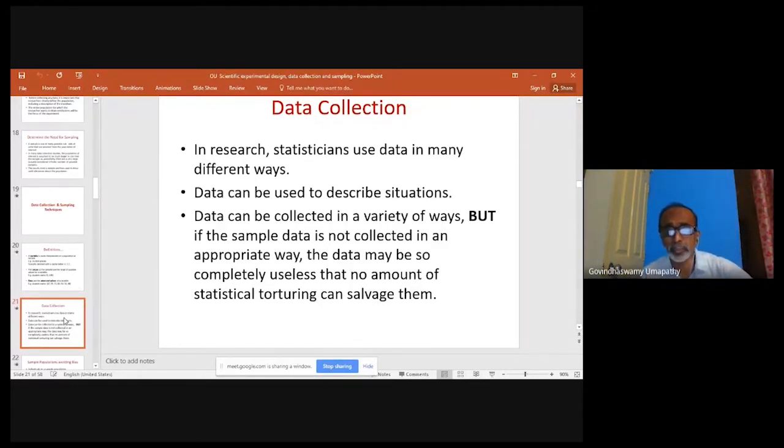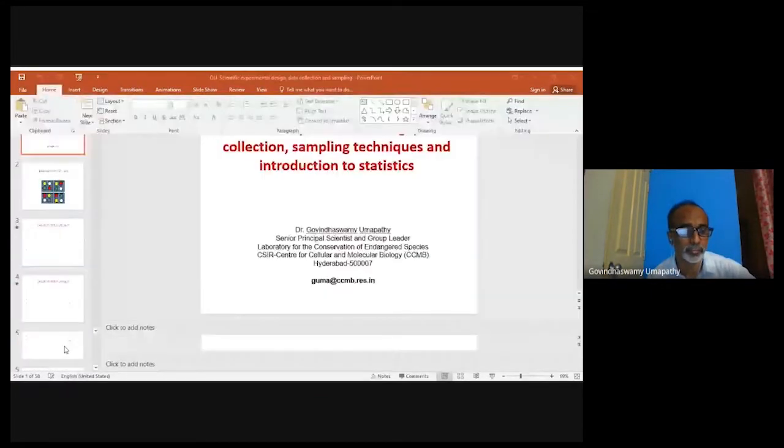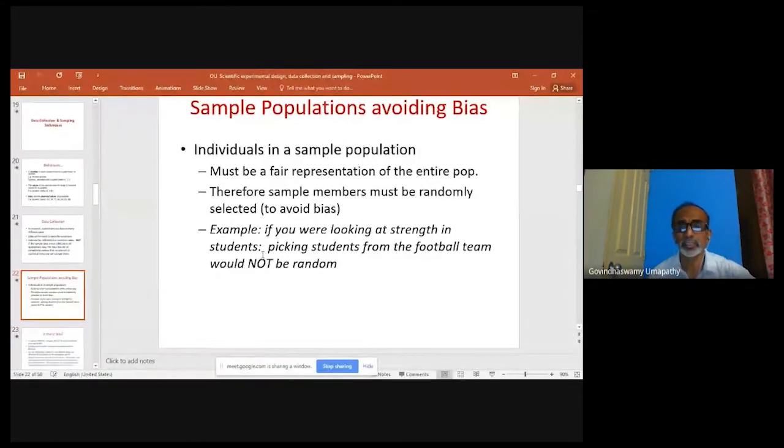Unless the data is properly collected, you end up with all kinds of problems. Especially when you have a large number of experiments, and especially in scientific research, somebody may want to repeat and test your hypothesis and findings, so this needs to be done properly.